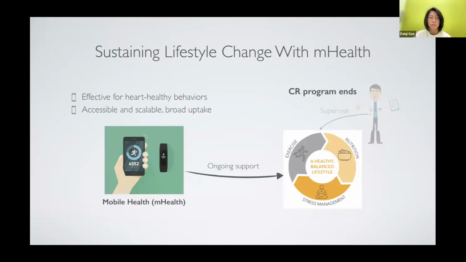Mobile health uses mobile devices to monitor and manage patients' health through digital interventions. They are generally accessible and scalable, and they can provide ongoing support for users in their everyday life. In this specific work, we want to use mobile health to help users increase and maintain their physical activity levels.